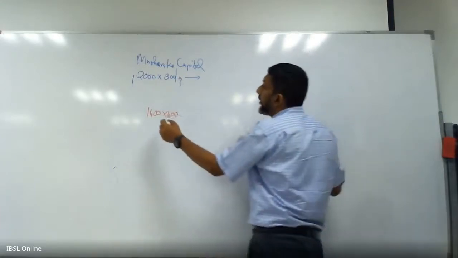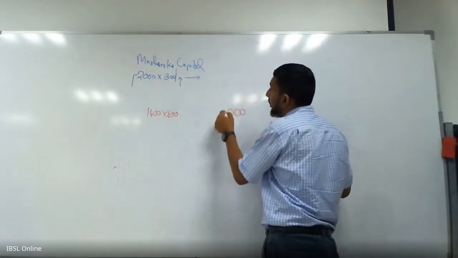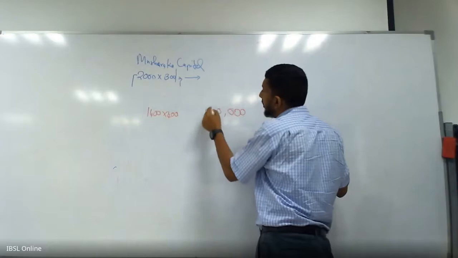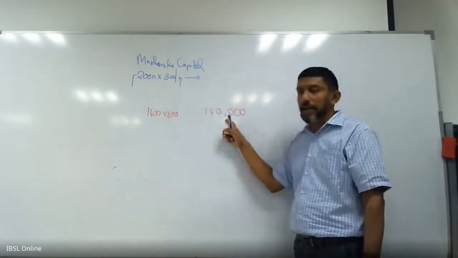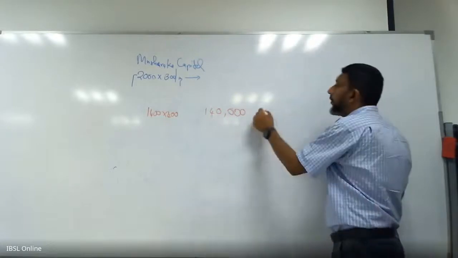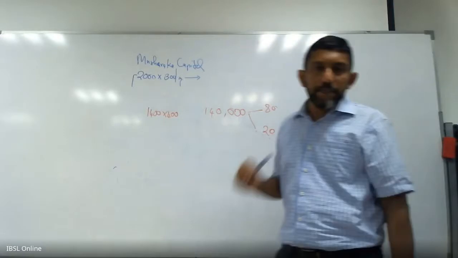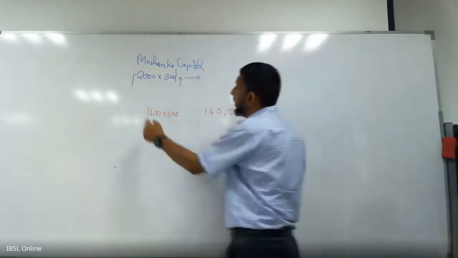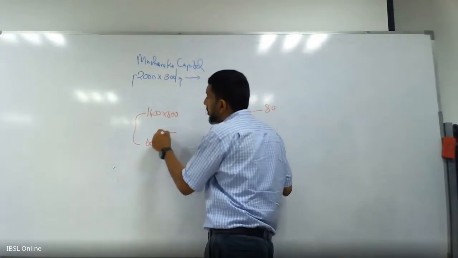Right? So meaning 100 rupees a kilogram in 1,400, 140,000 profit he has made. But he has another 600 kilograms not sold.